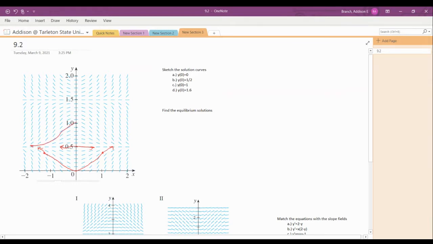Like I said, it doesn't necessarily have to intersect with some of those points because you may not know exactly which points are there on your graph, but they're a good hint. And then lastly, we have our 1.6, so about right here. We're going to go up and get steeper as we go up.